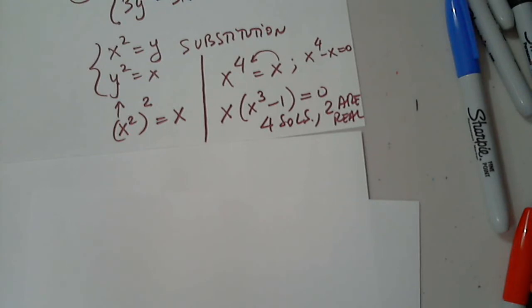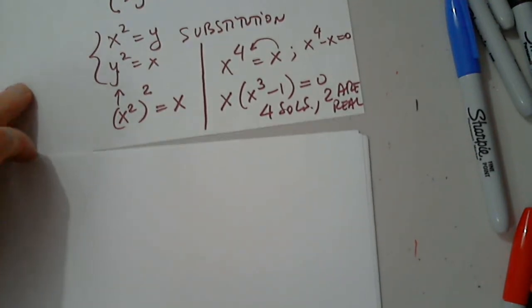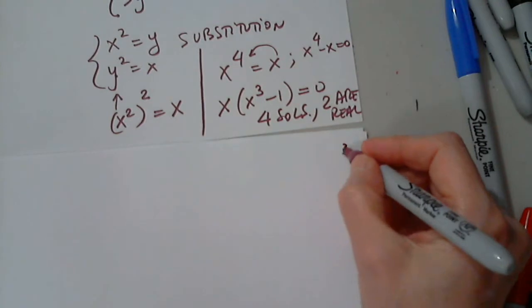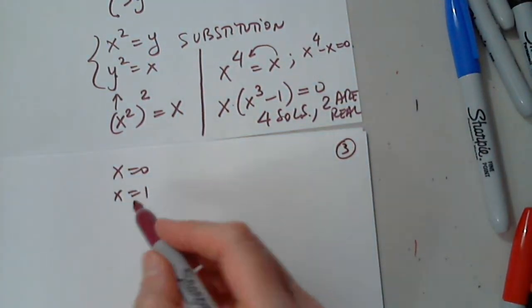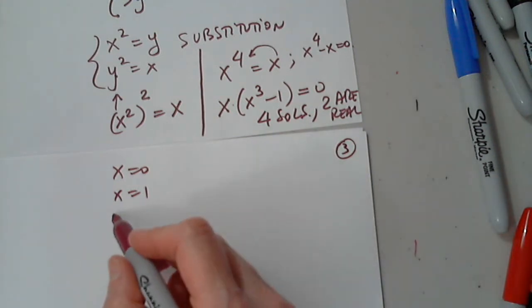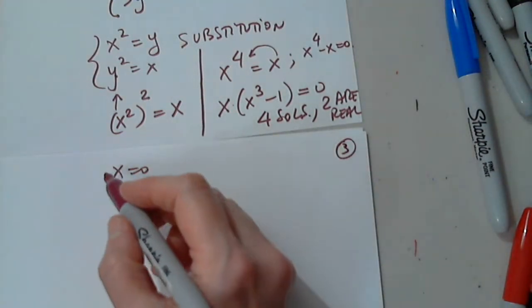Good. So the other two are imaginary. How did I know that? Because when we factor this, we know that, so I'm on page 3. So from here, I have x equals 0 and x equals 1, and 2 others are imaginary. So if you want, you don't have to write anything at this point.